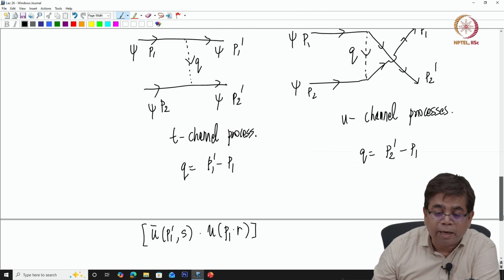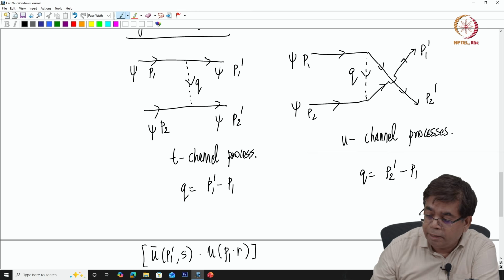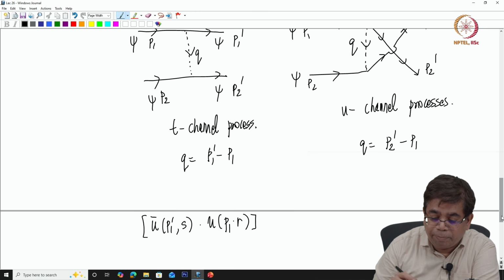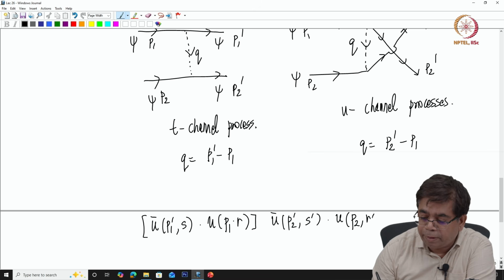Then you have the second term, which is essentially again u bar p 2 prime, s prime dot u of p 2 r prime.